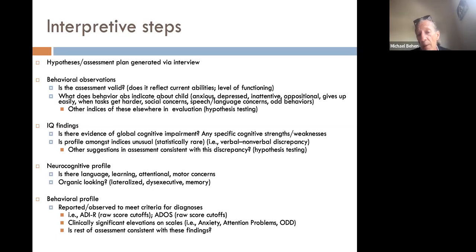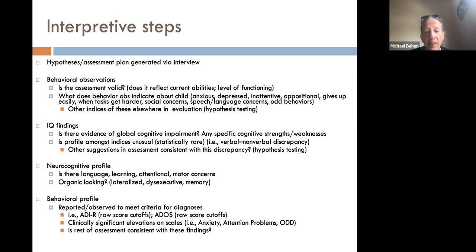So now we want to put all that information together and understand what the problems are and what the sources of those problems are. The first, and one of the most underrated and underappreciated parts of a report, but one that is really important to pay attention to, is the part called the behavioral observations.